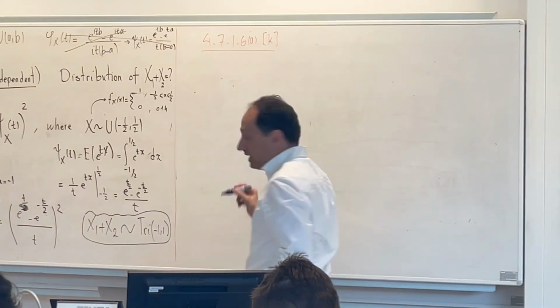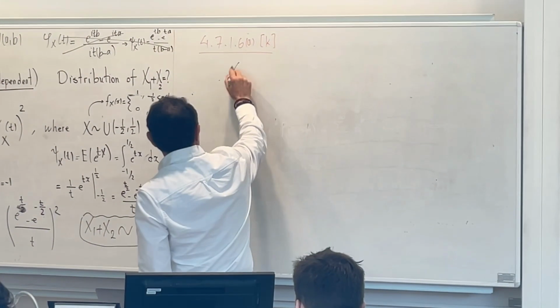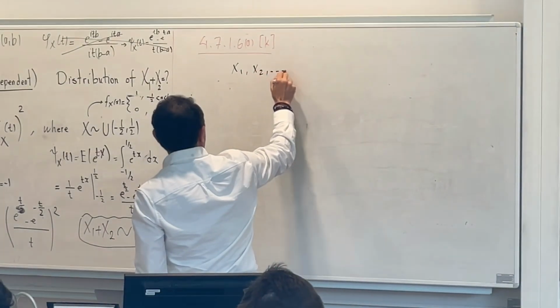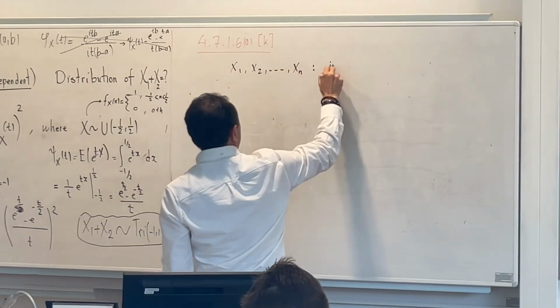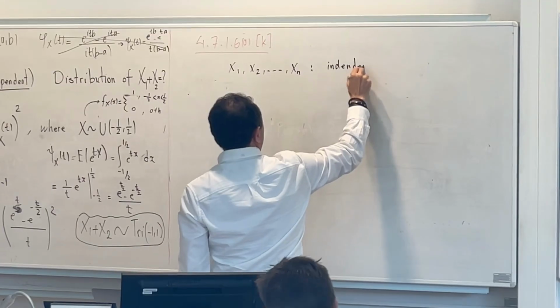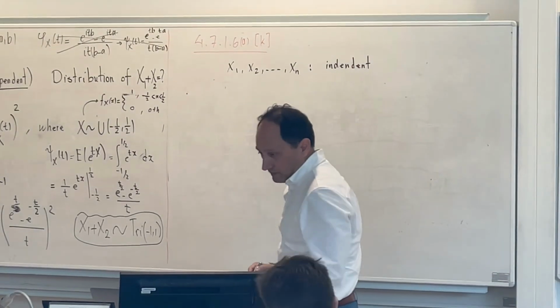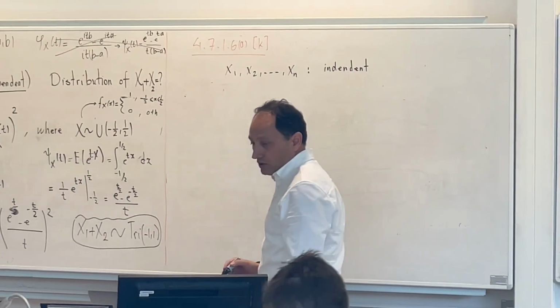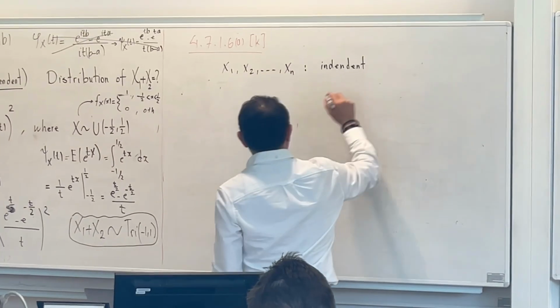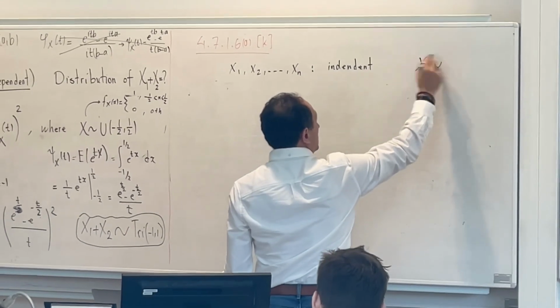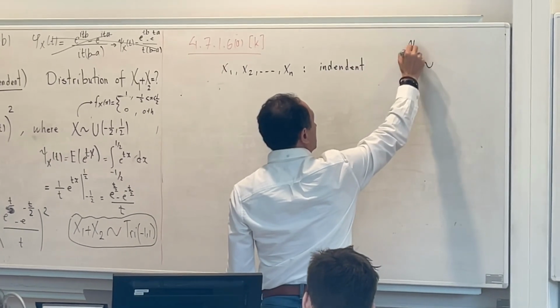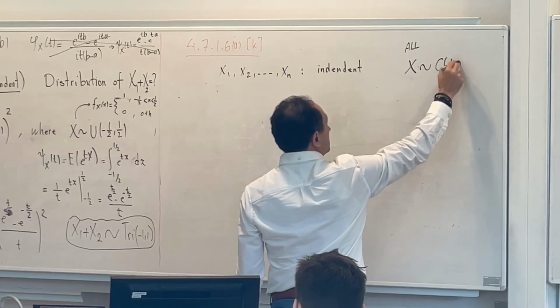So we have x1, x2, up to xn, independent. Yes, this is given. And all of them are Cauchy distributed. So let me write collectively: all of these are Cauchy distributed.